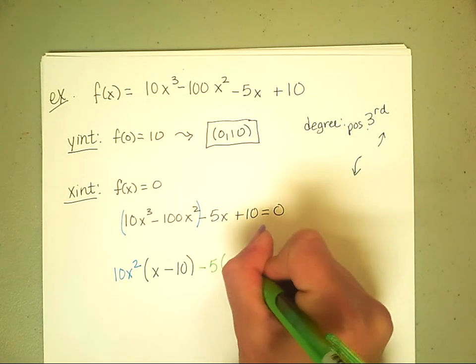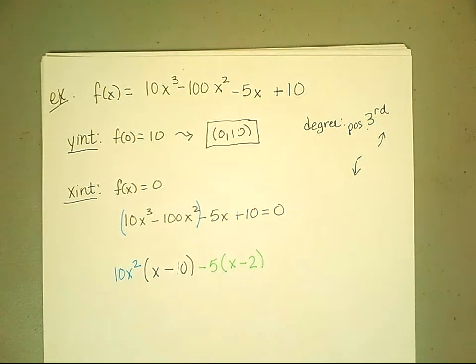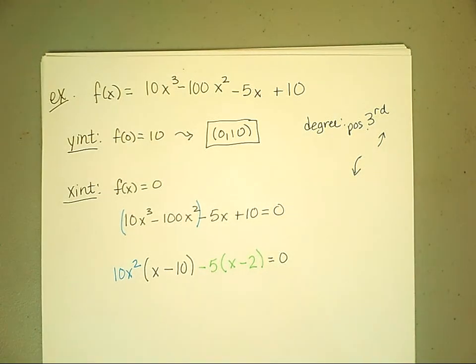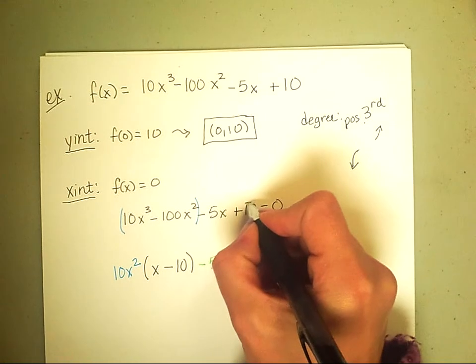If I pull out minus 5, then we're left with x minus 2 equals 0. So that's not going to work by factoring by grouping.